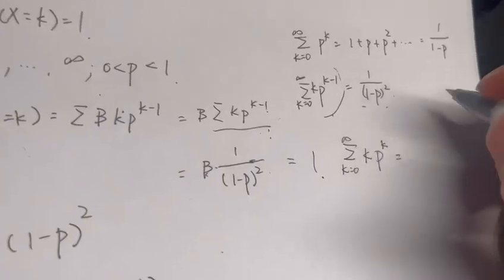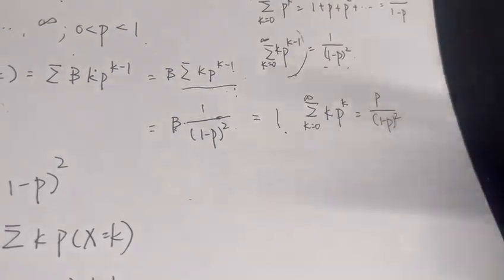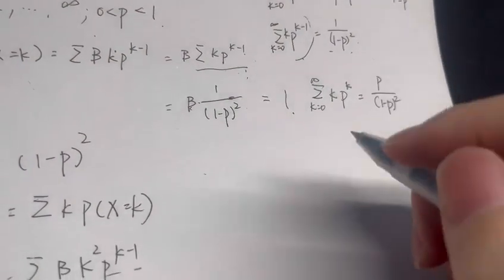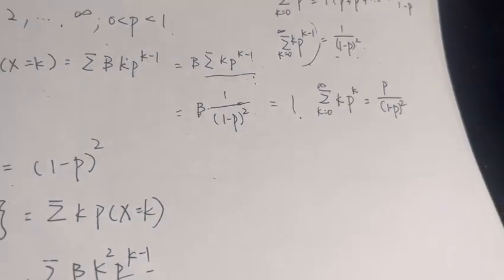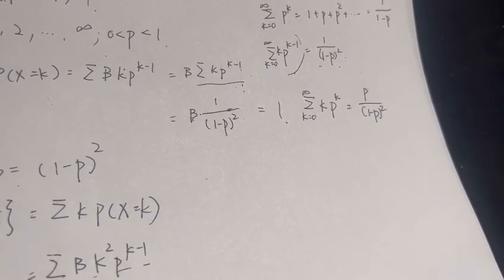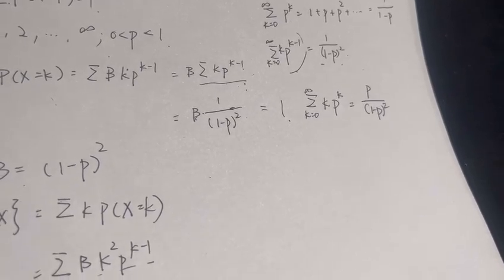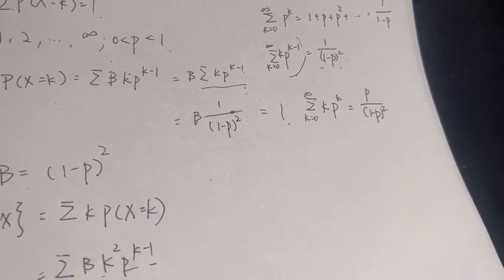So the right side will become p divided by (1 minus p) squared. And then we just take the derivative of both sides with respect to p.